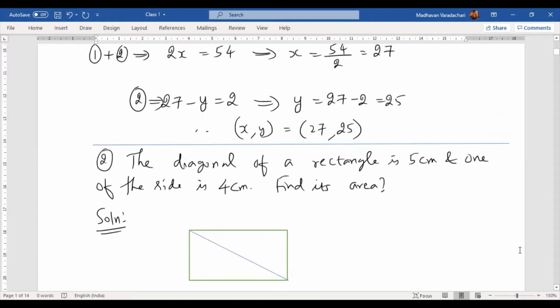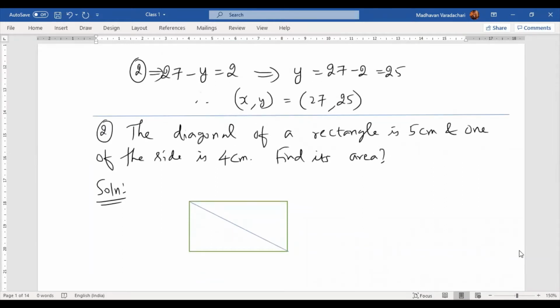The diagonal is given as 5 centimeter. So this is 5 centimeter and one of the sides is 4 centimeter. Let me consider either this side or this side as 4 centimeter. Let me consider this as 4 centimeter.